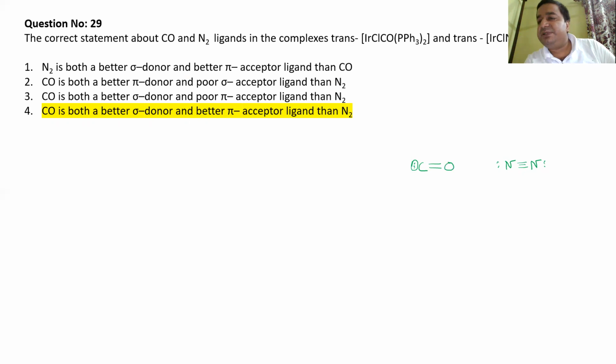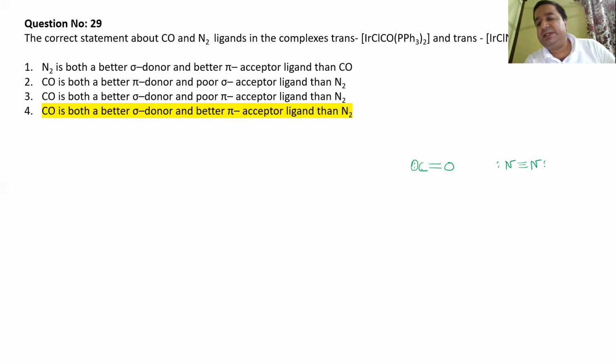So bonding will take place from the carbon. And when it has to accept electron density from the metal, the antibonding orbitals of CO are better placed to accept the electron pair from the metal.